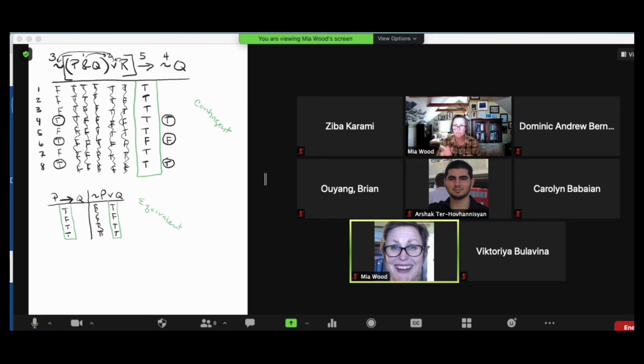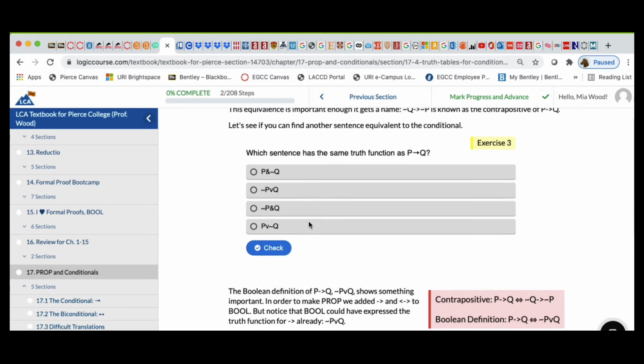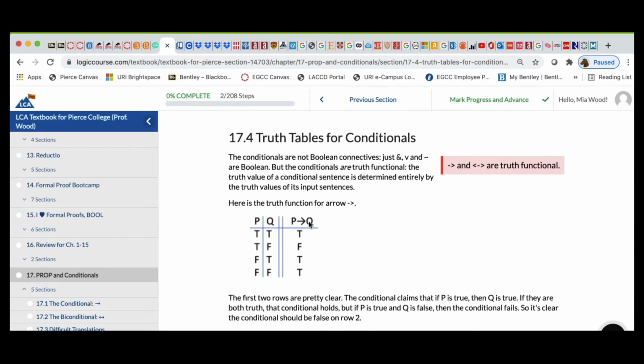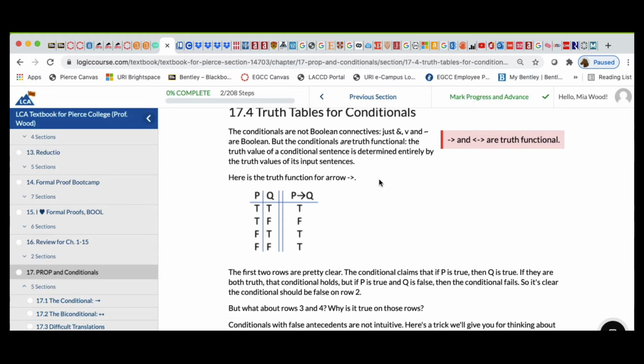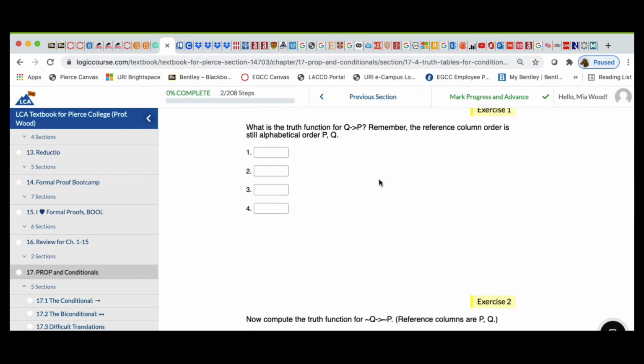our text, bear with me. Okay, so right now you should see chapter 17, section 4, where we're into the truth tables for the conditional.